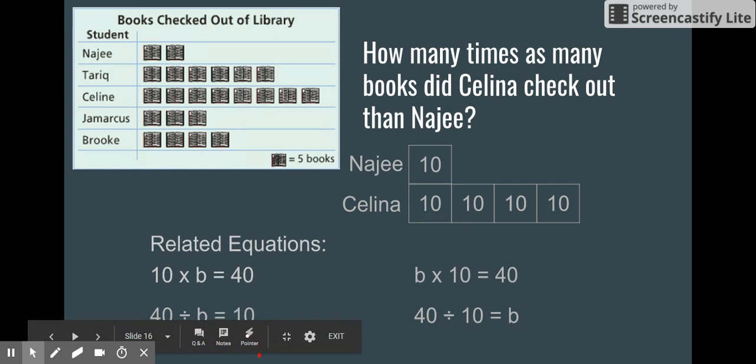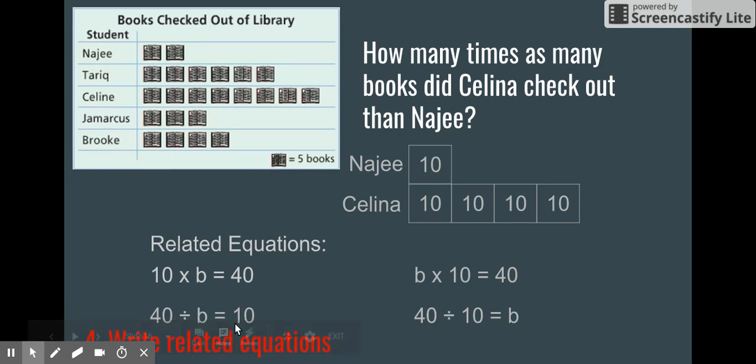My next step is to write those related equations. So I can write 10 times b equals 40 or b times 10 equals 40. Neither one of those is going to be the best equation for me to use to solve because there's already an answer involved. 40 divided by b equals 10 is the inverse operation of multiplication.